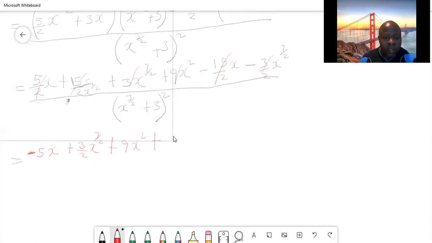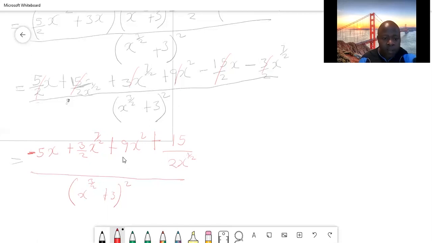So let's now do this. This is 15 over 2x raised to a half. Everything divided by our denominator, which is x raised to 3 over 2 plus 3 squared. Somebody may want to leave it like this, but let's go further and put it under the same denominator in the numerator.